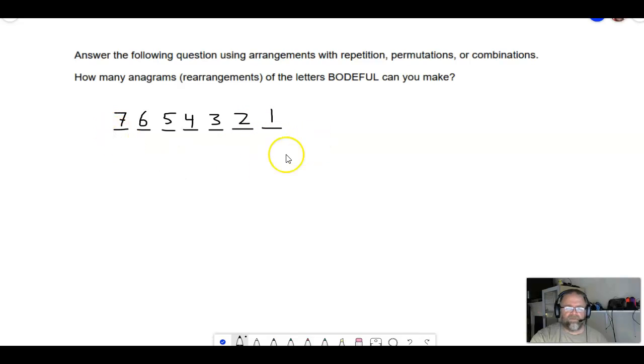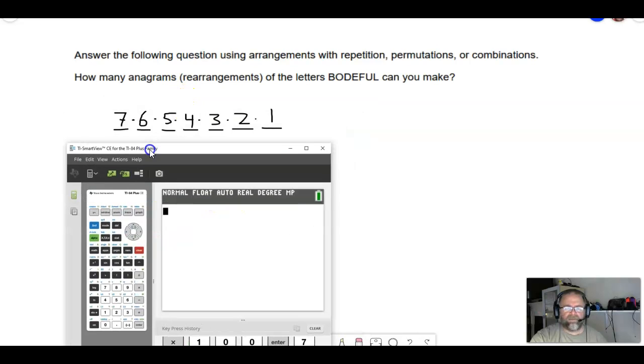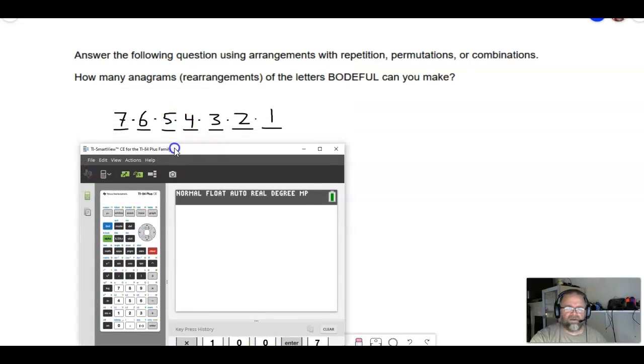So this is a way to figure out the total number of combinations, and then we simply multiply all these together. Now I could write that all out, 7 times 6 times 5 times 4 times 3 times 2 times 1, but I'm going to do it a little bit easier because I noticed that this is actually a factorial.